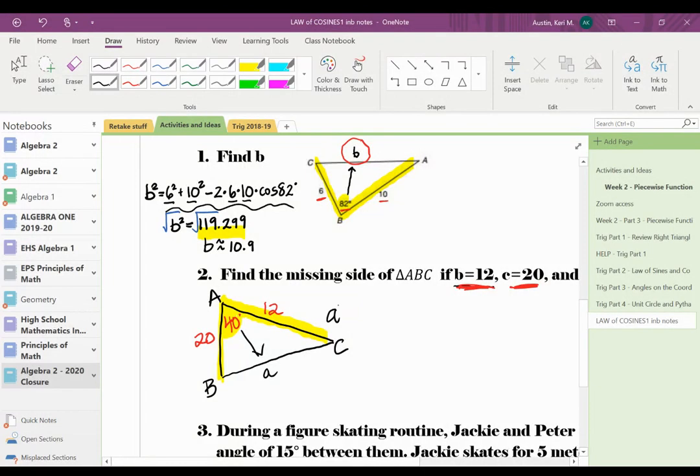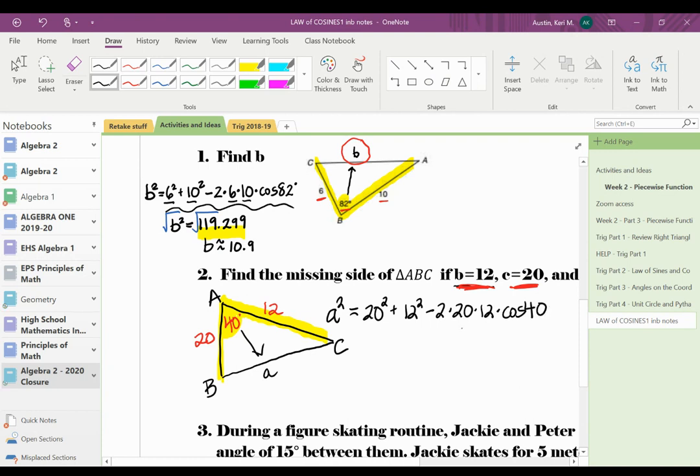So a squared is equal to, don't get caught up in the letters. Whatever side you're looking for, it's the other two sides that go into the formula. It does not matter if I put 20 or 12 first. 20 squared plus 12 squared minus 2 times 20 times 12 times the cosine of 40.